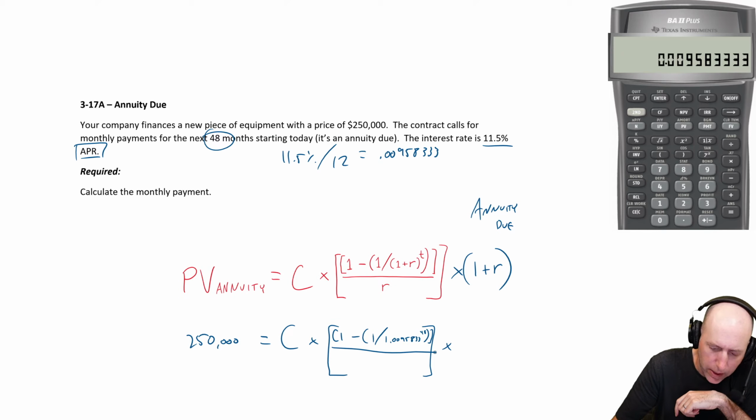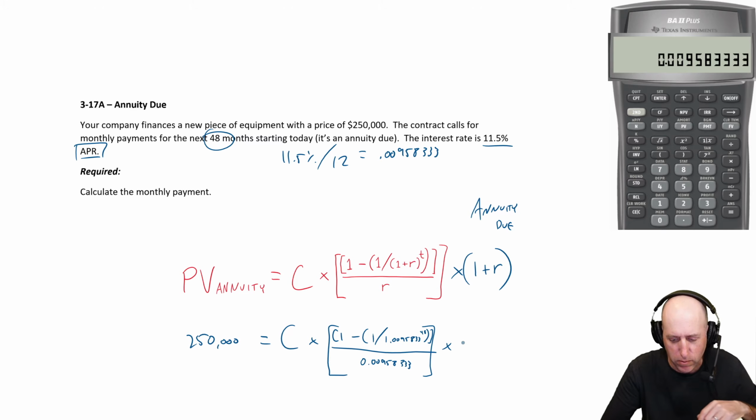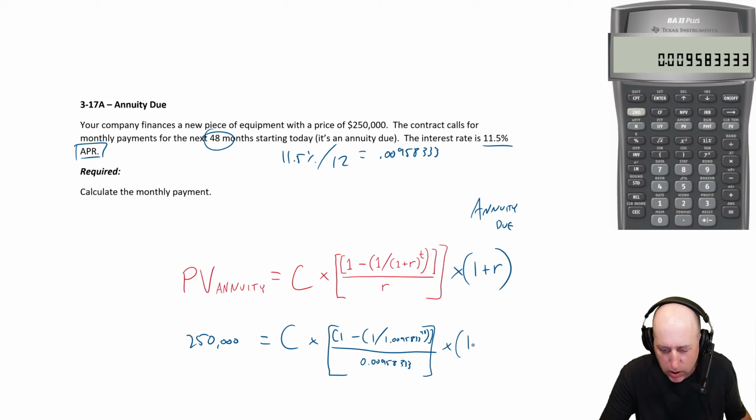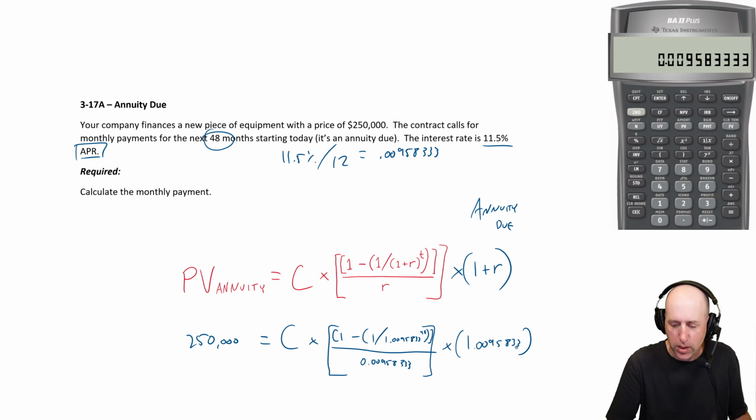We divide that by 0.0095833, taking as many decimal places as you reasonably can, and then multiply that by 1.0095833.